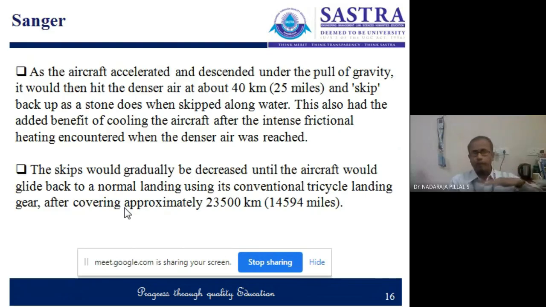The height of the water may be small enough, but the density of the water is 1,000 times greater, right? So you are entering from 1.225 kilogram per meter cube density to the 1,000 kilogram per meter cube density. That is really, you can see the resistance offered by water and the air you can feel, right?